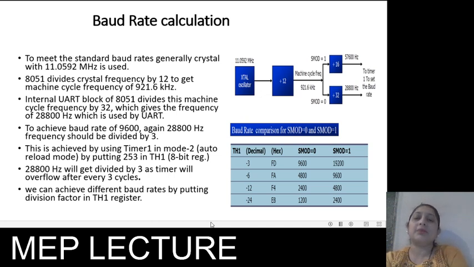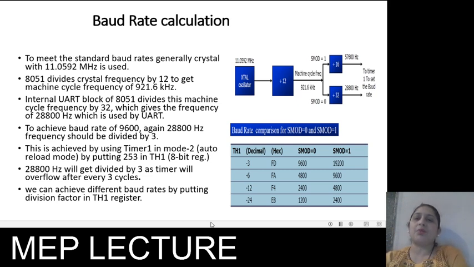But when we double the baud rate, that means when SMOD equal to 1, what is the value of the baud rate? 19200, that is the double of 9600. What is the double of 4800? 9600. What is the double of 2400? 4800. And the double of 1200 is 2400.